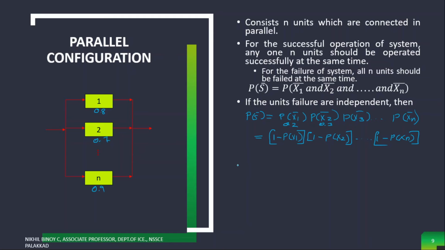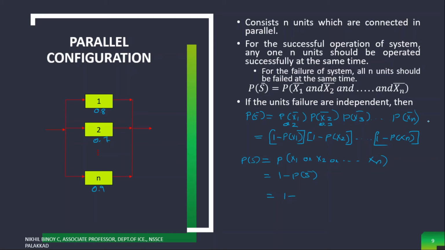Now what we are actually finding is the reliability of the system. So P of S is equal to, as I told you, the probability of x1 or x2 or so on, or xn. This is also equal to 1 minus P of S bar. So what can we write?